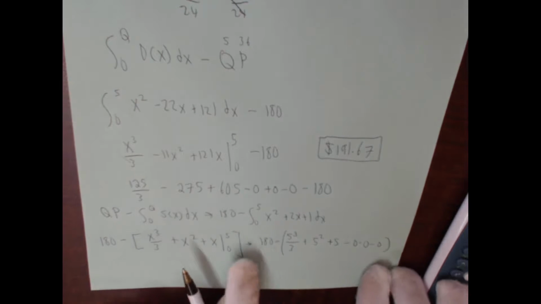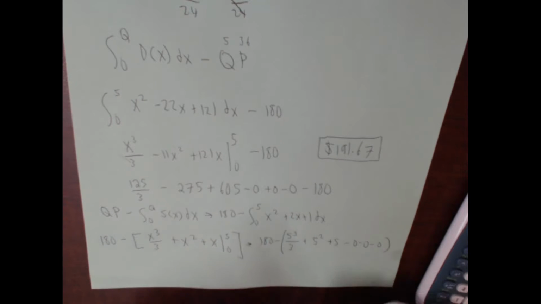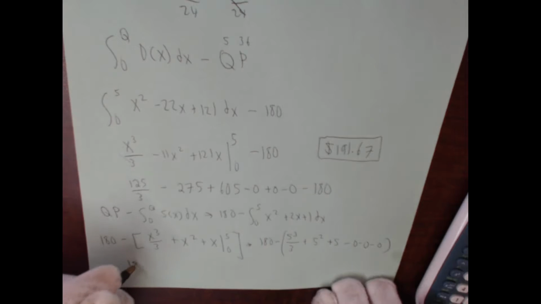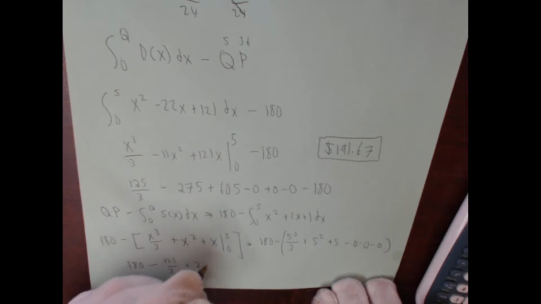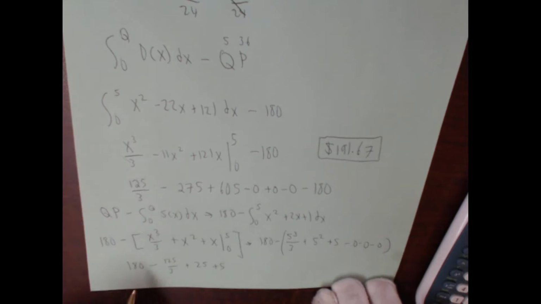If you're making a mistake, it's probably forgetting to put these in parentheses. So that's 180 minus 125/3 plus 25 plus 5, and the minus will make it minus, minus, and minus when I distribute the minus sign. So in the calculator, 180 minus 125 divided by 3 minus 25 minus 5.